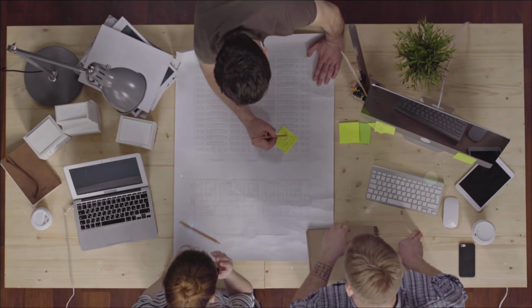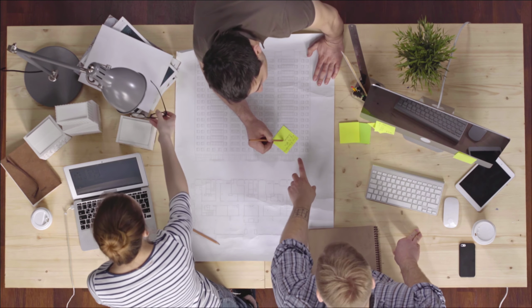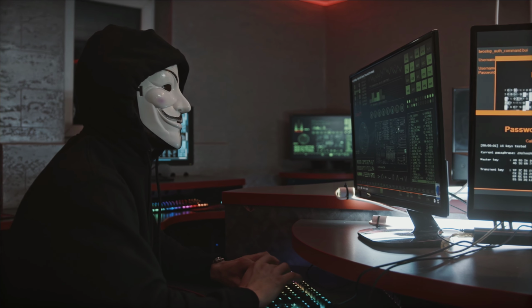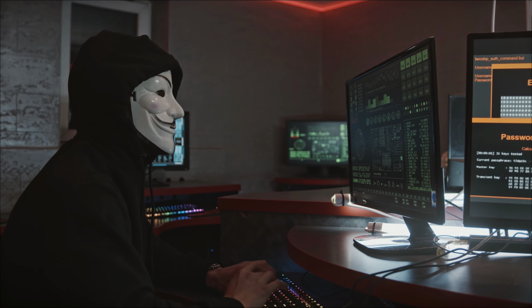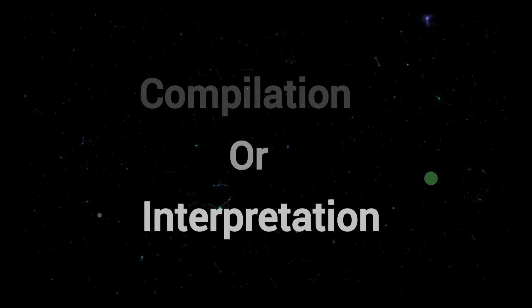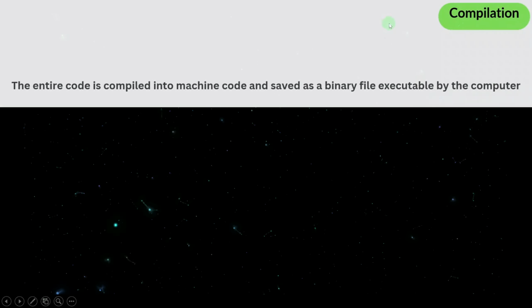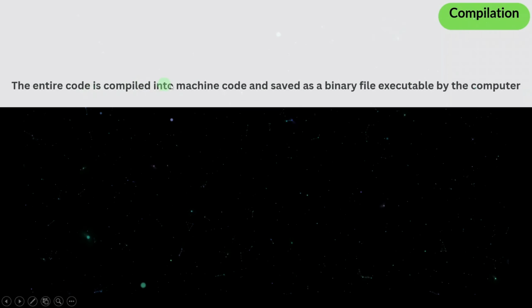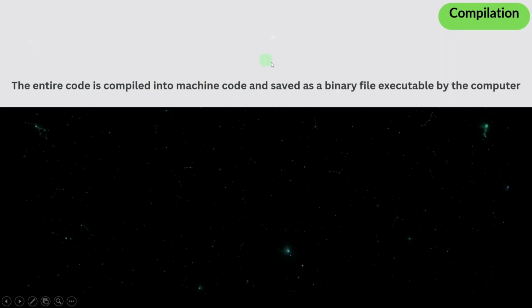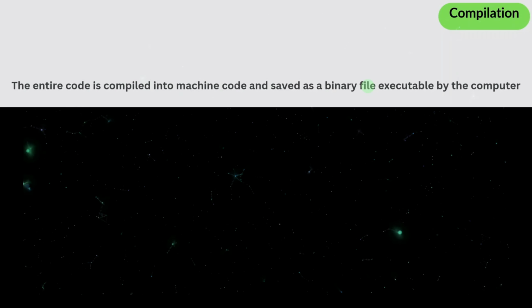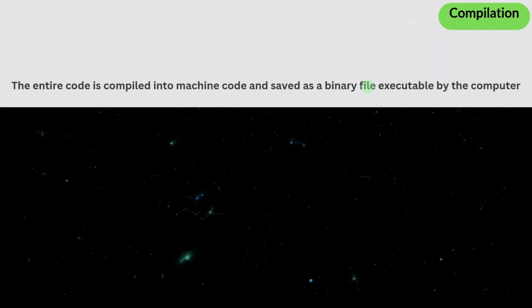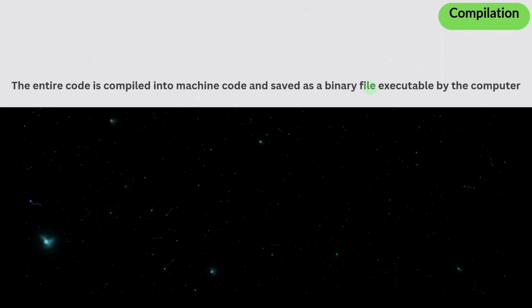So each and every program which we are writing has to be converted into machine code, and this can only happen using either compilation or interpretation. So in compilation, the entire code is compiled into machine code, and that code will be saved as a binary file which can be executed by the computer.